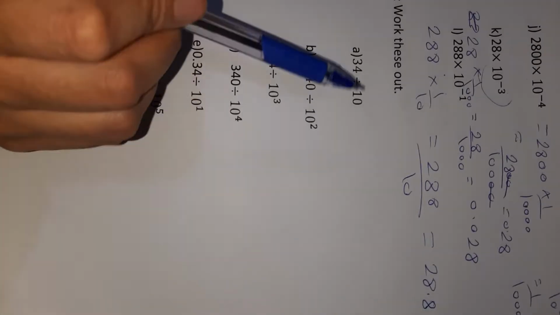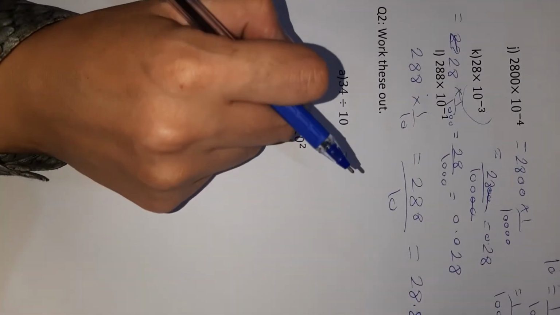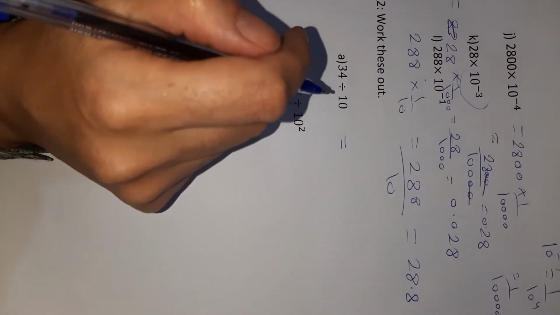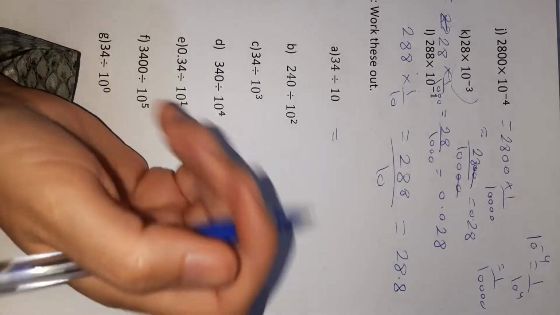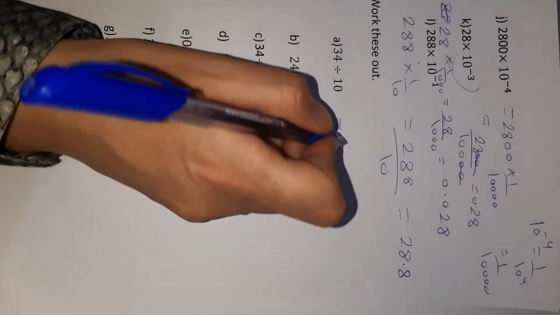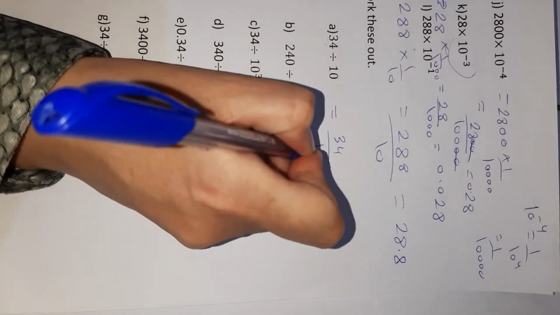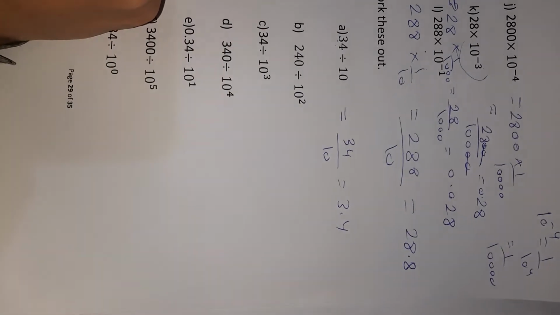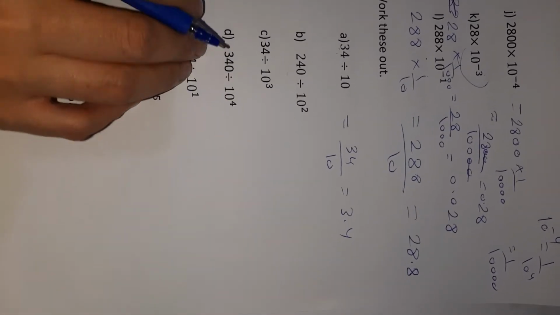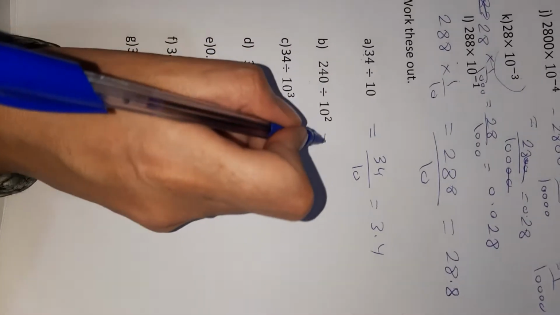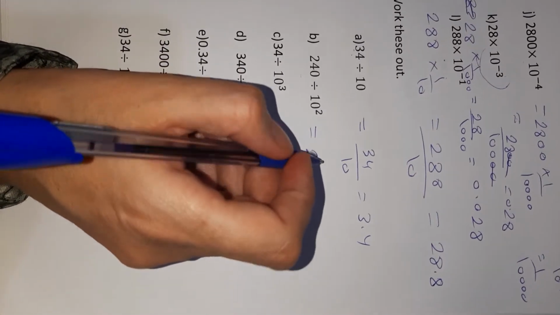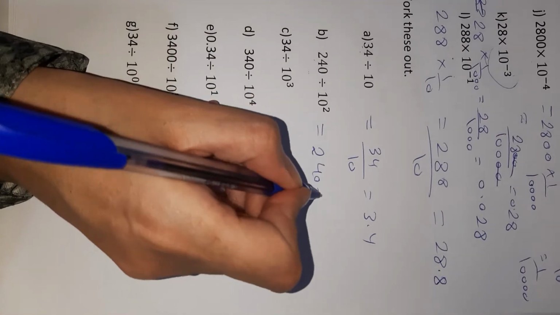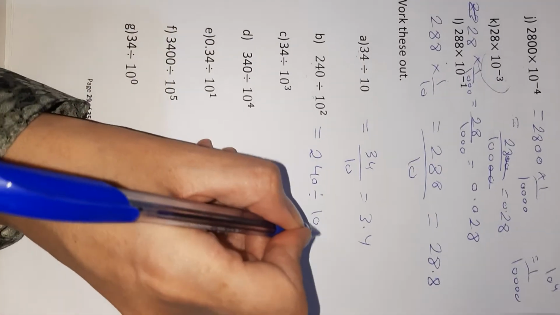Work these out. Here we have a division. Again, dividing by 1 out of 10, 1 out of 100 is the same as multiplying the same number by 10, by 100. Here 34 divided by 10, it means 3.4. 240 divided by 10 squared, it means 1 out of 100.